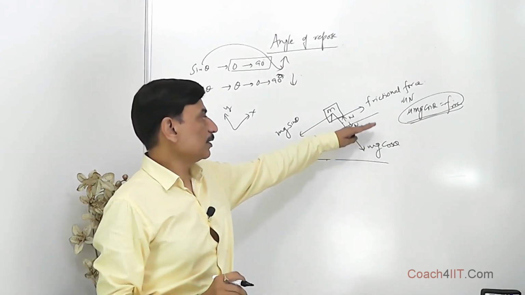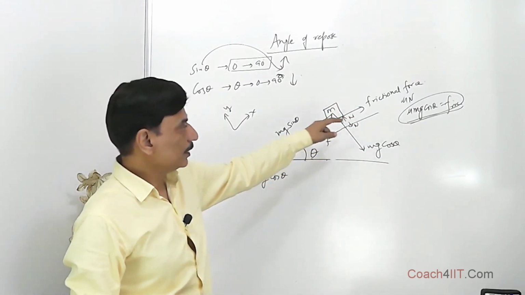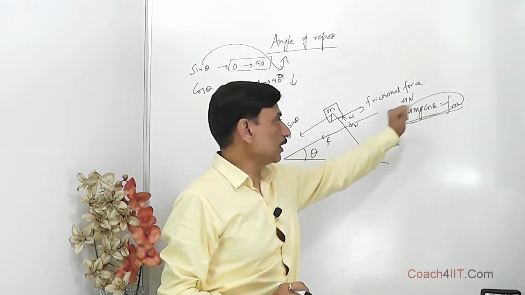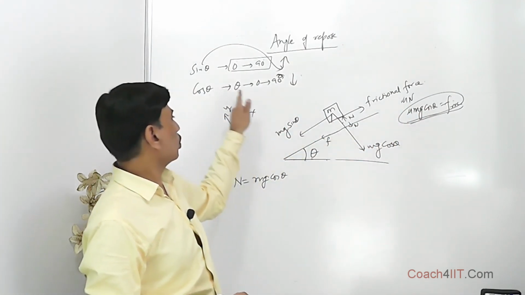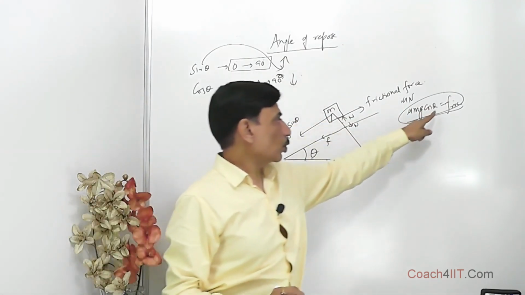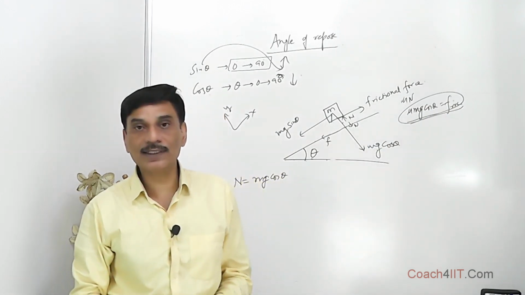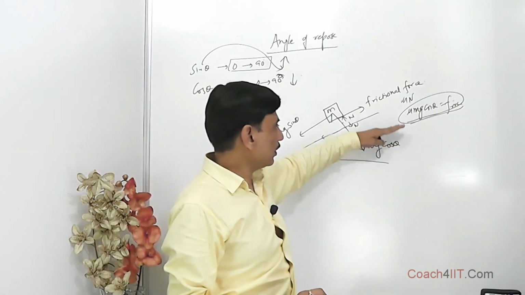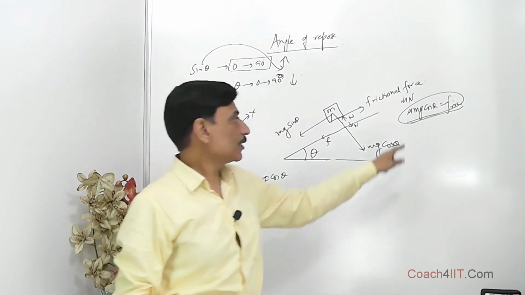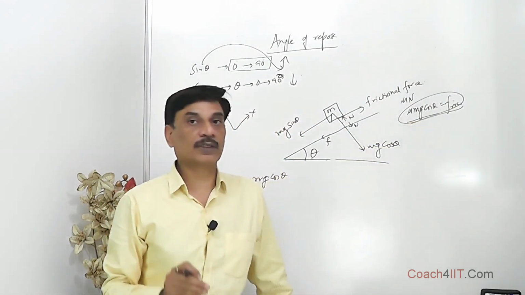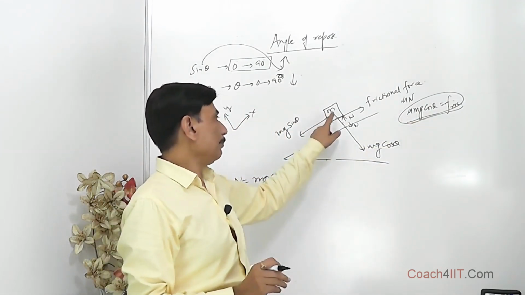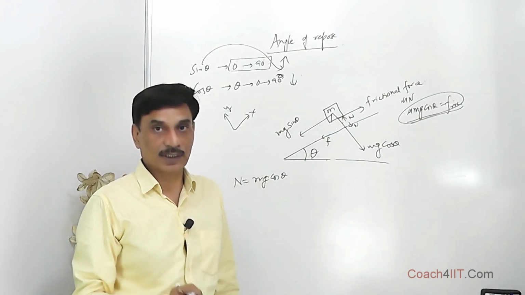As we keep on increasing the angle from 0 to 90 degrees, the cos value is decreasing. So the limiting value of friction force, mu mg cos theta, is decreasing, and the mg sin theta component is increasing.